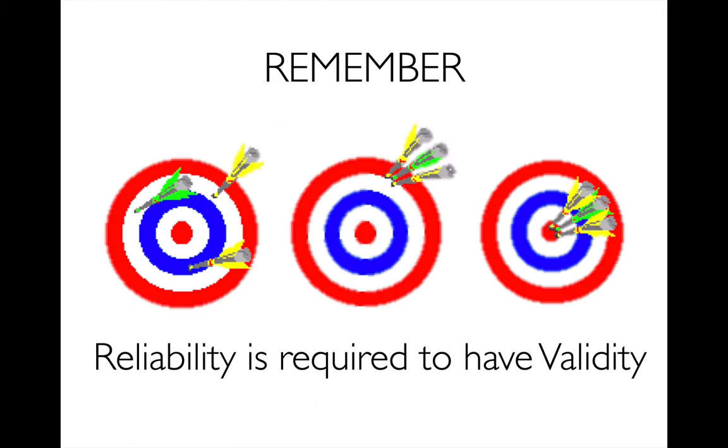Remember, validity has to do with accuracy, right? How accurate is that measurement? Are you actually measuring what you said you measured? But on the right, you have both. You have reliability, you're getting that same measurement over and over again, you're getting that bullseye. And you have accuracy as well.